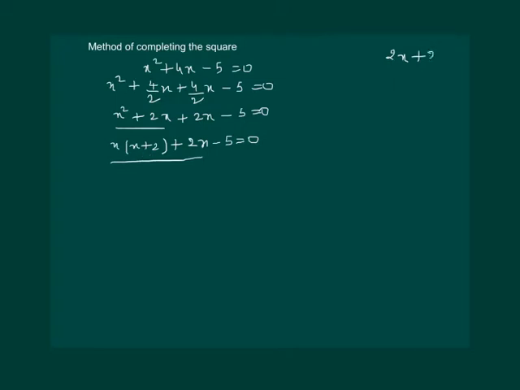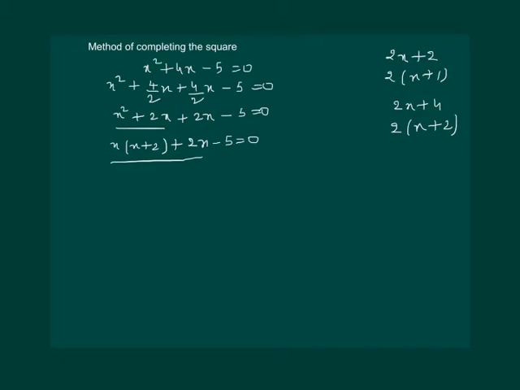If I add 2 and take out 2 common, I get x plus 1 in the bracket. But I want x plus 2. So, if I add 2x plus 4 and take out 2 common, I can get x plus 2. That means addition of 4 can give me x plus 2.